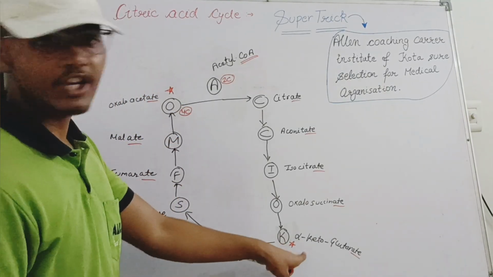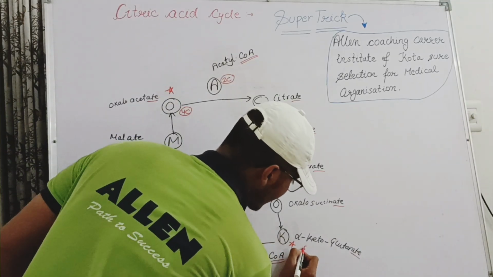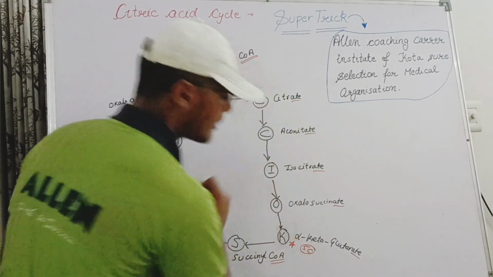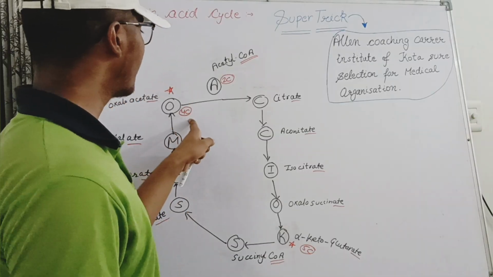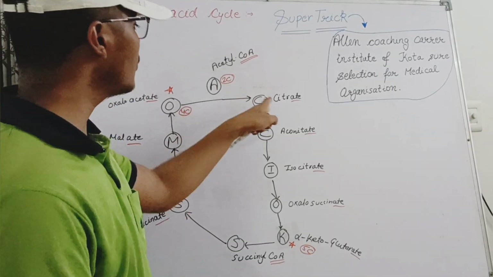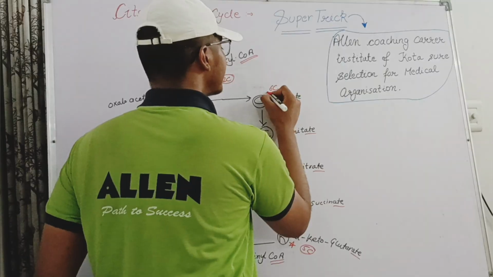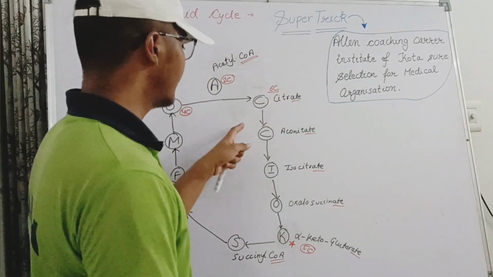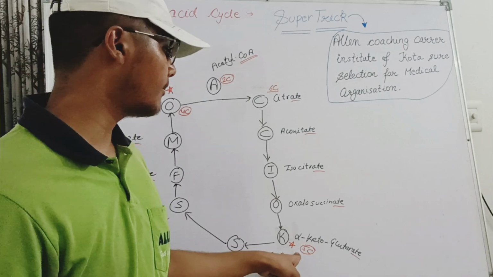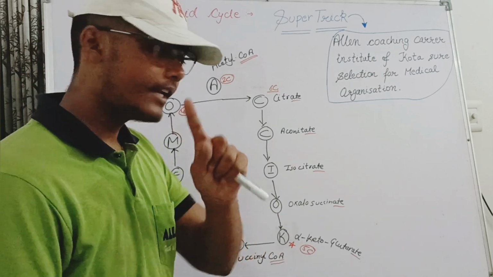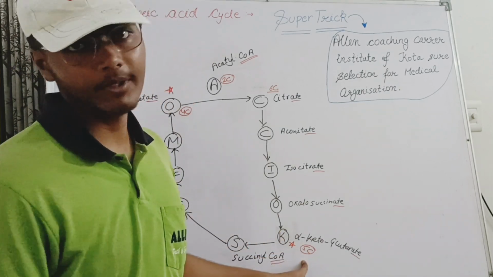Next one, this checkpoint, we should remember as a 5 carbon compound. Now this 4 carbon and this 2 carbon will combine to make 6 carbon citrate. Okay, 6 carbon. The next one, as we know, the checkpoint will come on the K, meaning alpha ketoglutarate, and at that position the carbon will be removed.